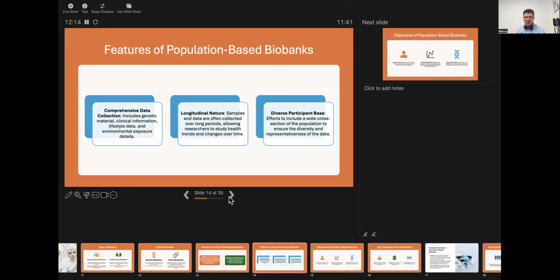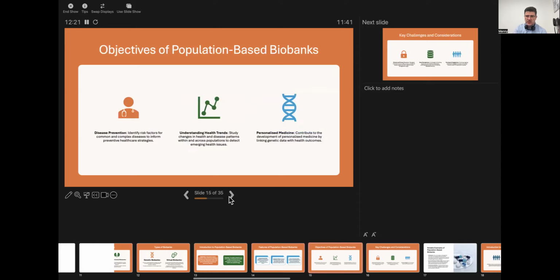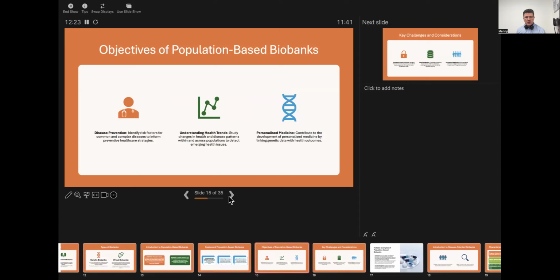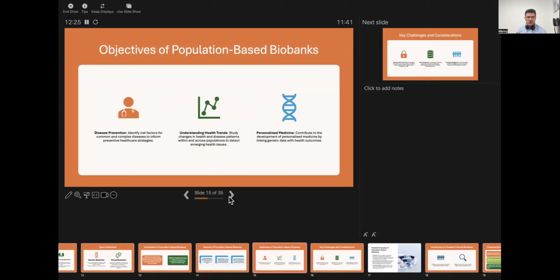And there's an effort to include a wide cross-section of the population and ensure diversity and representativeness of the data. The objective is disease prevention, understanding health trends, and personalized medicine.